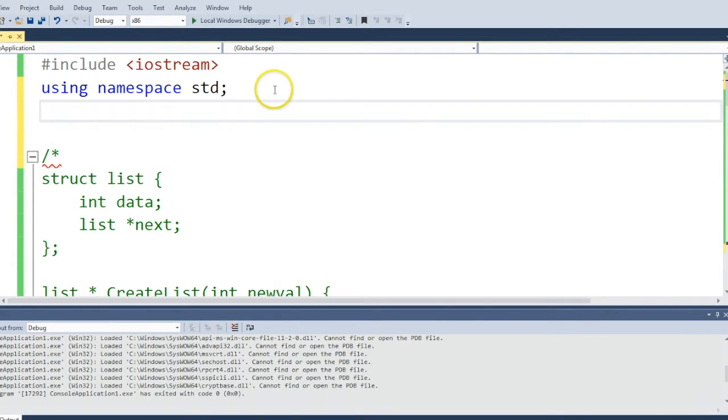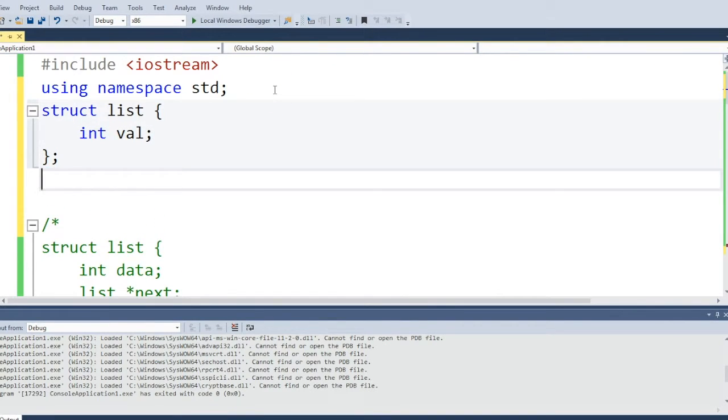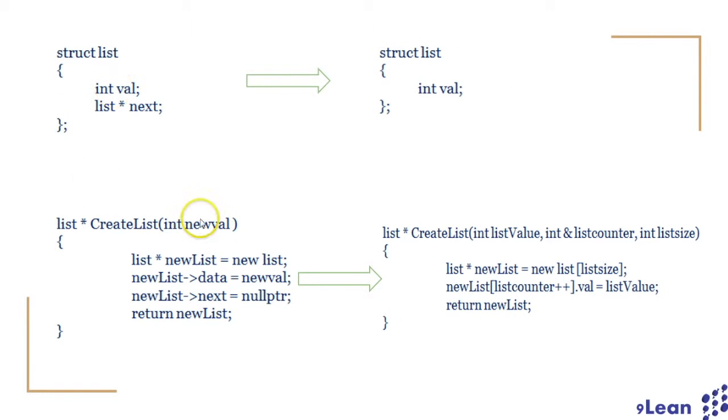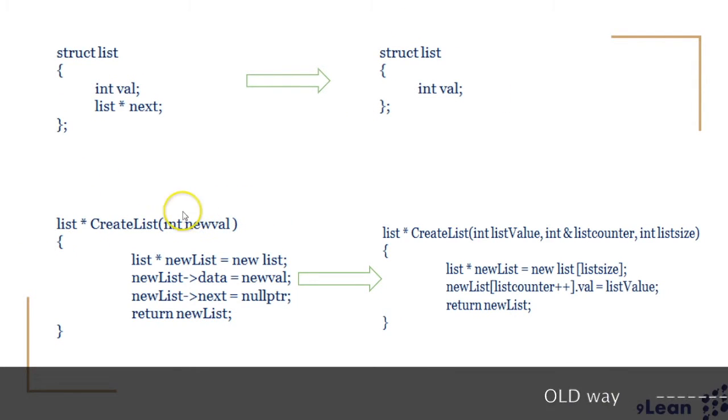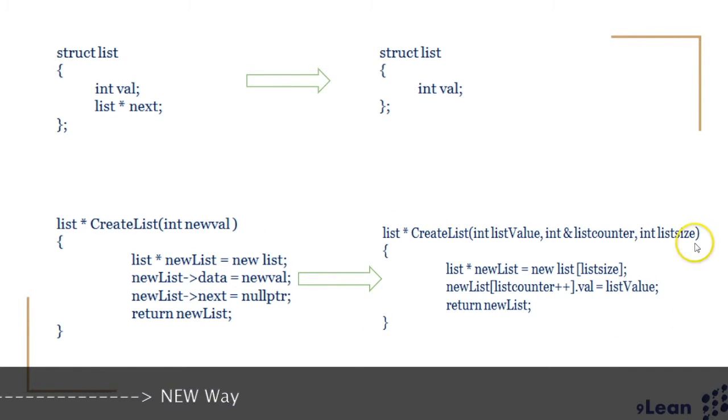So yes, let's create a list. I'll have a val in it, and I'll not have anything else. After that, just like we had a create list in the earlier example, we'll create a new list in this example in a different way.